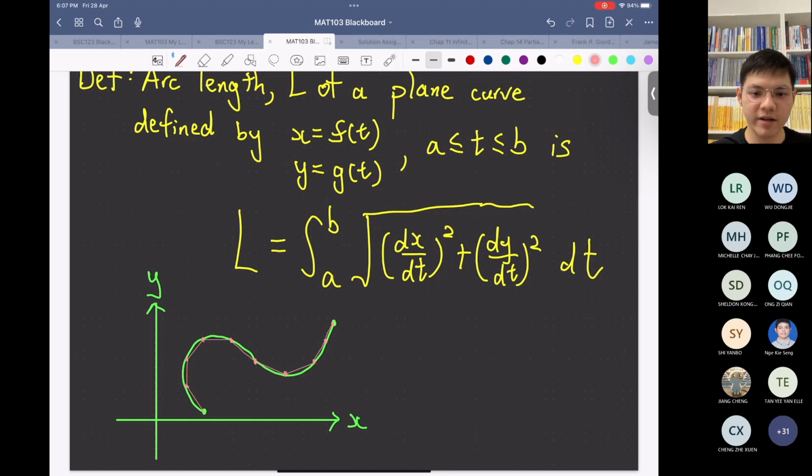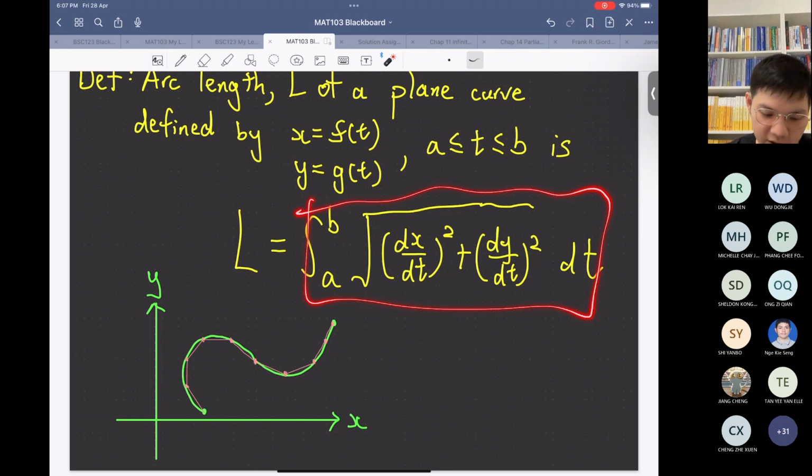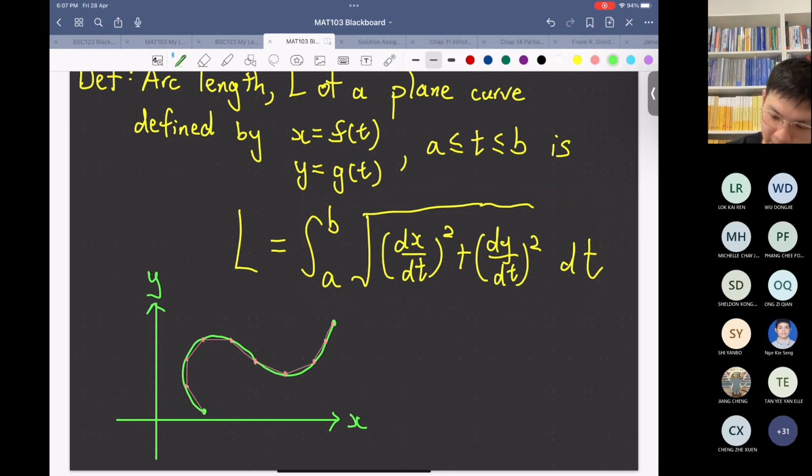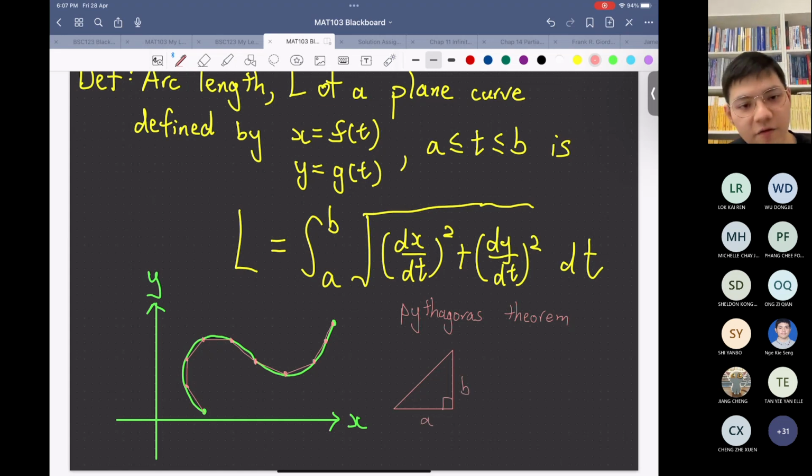Another way to think about this formula is the Pythagoras theorem. What does the Pythagoras theorem tell you? If you have a and b as the two sides of your right-angled triangle, then you can compute c.